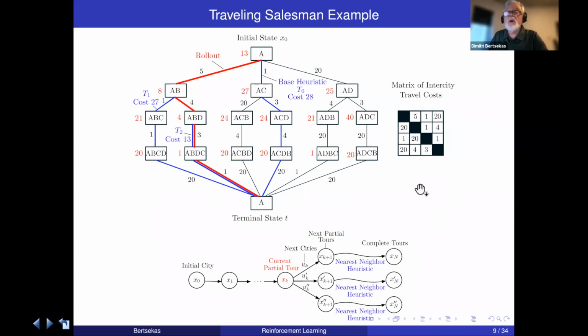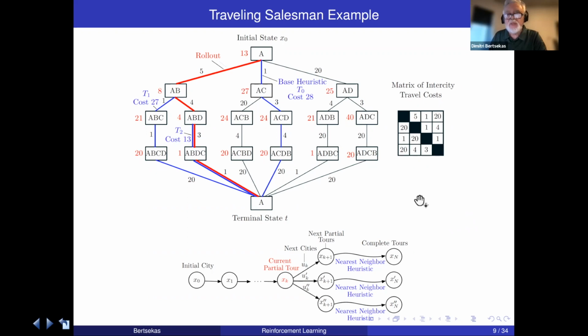Are there any questions about the rollout algorithm for this example? Professor? Yes? Does rollout guarantee an optimal solution, or does it only improve the base heuristic? In this example, it improves the previous solution, not just the base heuristic.